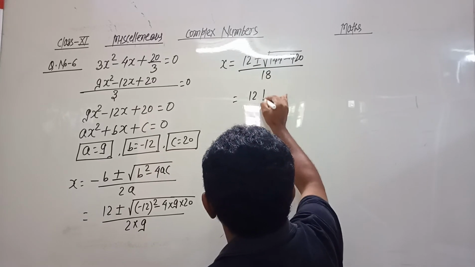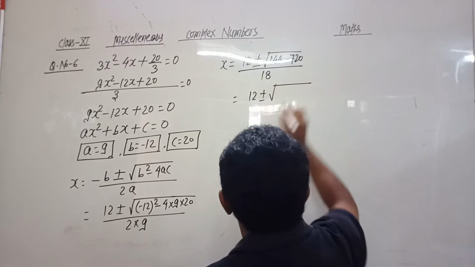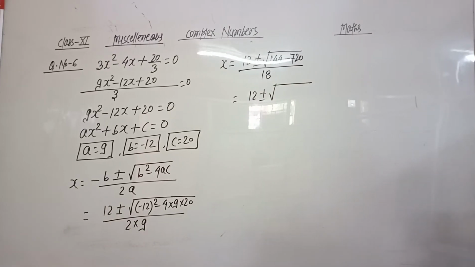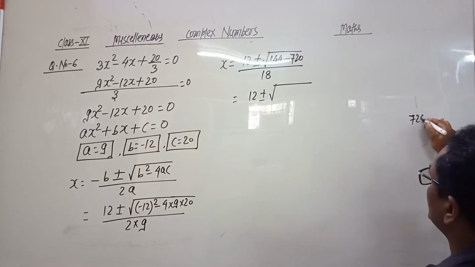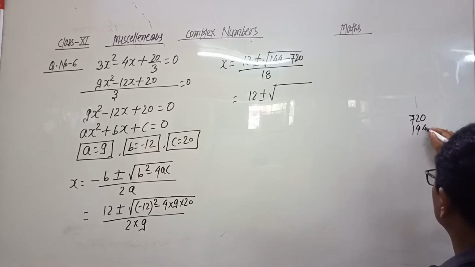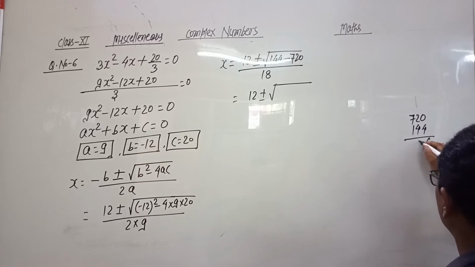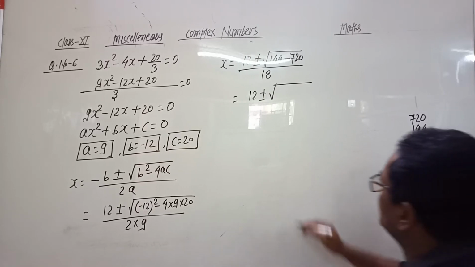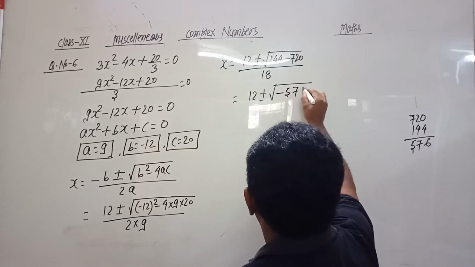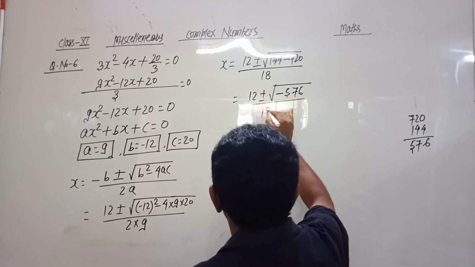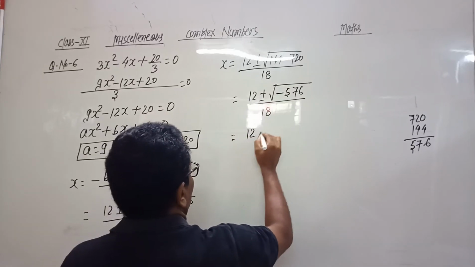So 12 plus minus under root of 144 minus 720. 144 minus 720, we get minus 576, upon 18.